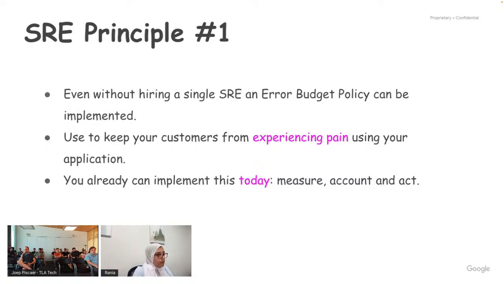All of us have either Prometheus and Grafana or Elastic and Kibana, whatever tool we are using, okay, but we are gathering measurements and metrics, and we have actions that we are doing manually today. So we can start SRE rather than waiting to bring in or hire an SRE team.